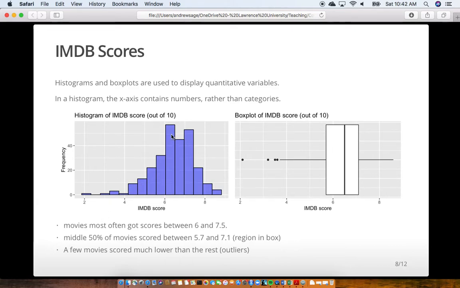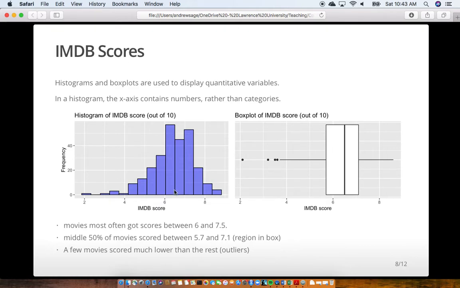For example, the tallest bar in the histogram tells us that there were more than 50 films with an IMDb score between 6 and 6.3. We see in this histogram that the most common scores given by IMDb users are between about a 6 and 7.5.